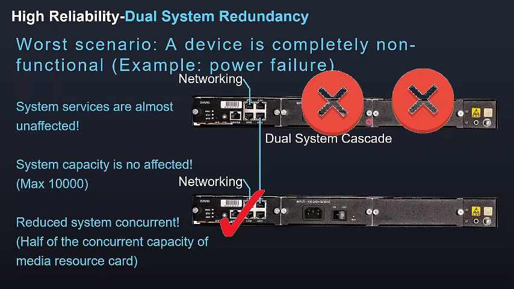If you support 10,000 extensions, it can support that. However, the concurrent call is reduced. So if you have 800 concurrent calls, that would result in only 400 concurrent calls, because once there's a power failure, the concurrent call will also be affected.